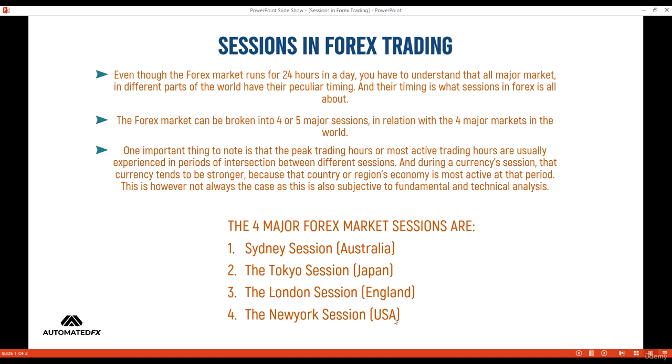These sessions have currencies which they favor. Look at the New York session, for example. It will favor a currency like the US dollar, and also the Canadian dollar, because the United States and Canada are geographically close.